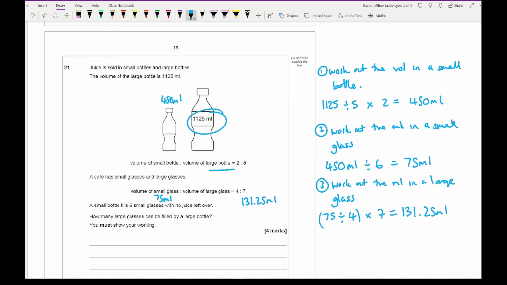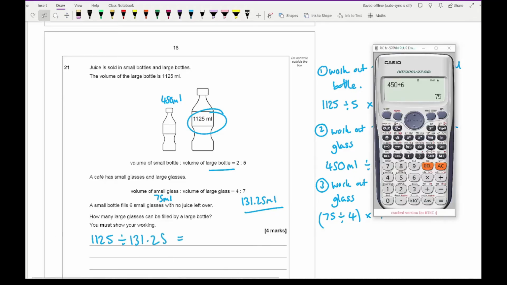Well, if a large bottle has 1,125 millilitres and a large glass holds 131.25 millilitres, then the calculation I need to do is 1125 divided by 131.25.